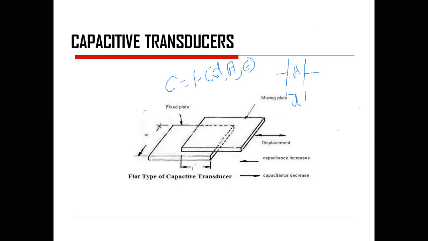Now here also I have shown the structure of your capacitive type of transducer. I have already shown you what things are to be considered for variation of capacitance and how we are going to measure the displacement using a capacitive type of transducer.